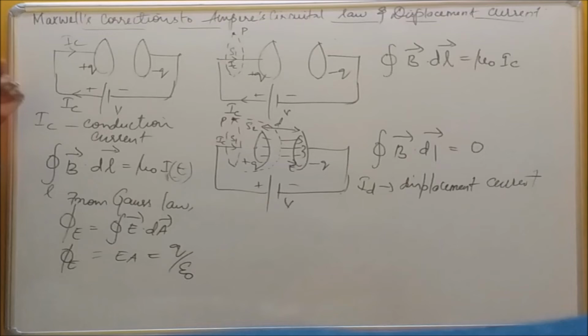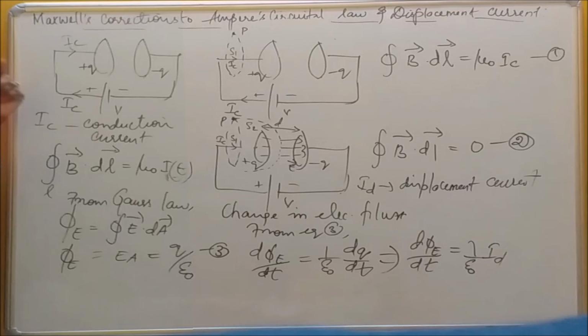By the definition, by changing the electric field or electric flux, that was only the displacement current, right? So change in electric flux. Now the equation becomes, this is the first equation and the second one, this is the third.